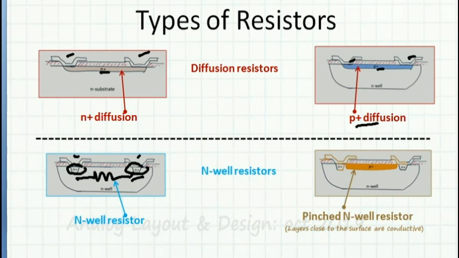The resistivity at the surface interface is relatively lower, so I pinch it off using a P plus material so that the resistivity increases. So this forms a pinched N-well resistor. An N plus diffusion resistor has a relatively lower resistance as compared to a P plus diffusion resistor.